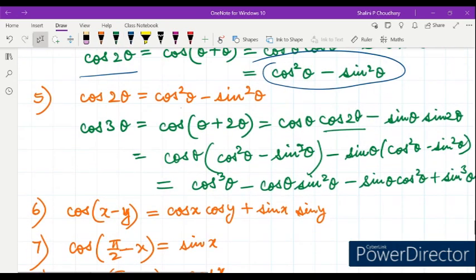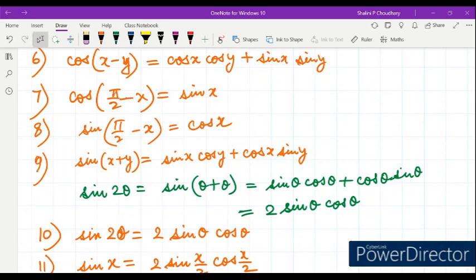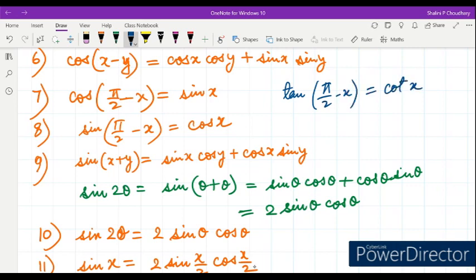Similarly, for cos x minus y, cos of pi by 2 minus x will be sine x, and sine of pi by 2 minus x will be cos x. Similarly, tan of pi by 2 minus x will be cot x, and cot of pi by 2 minus x will be tan x.